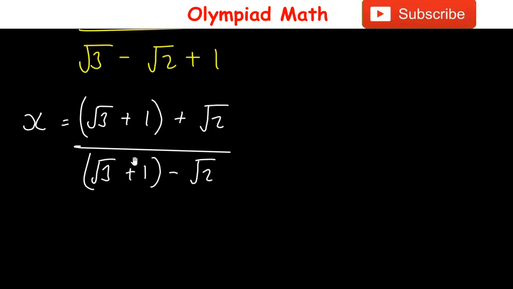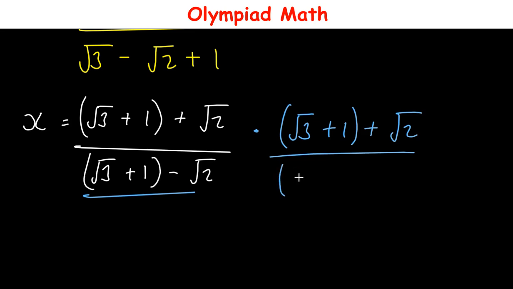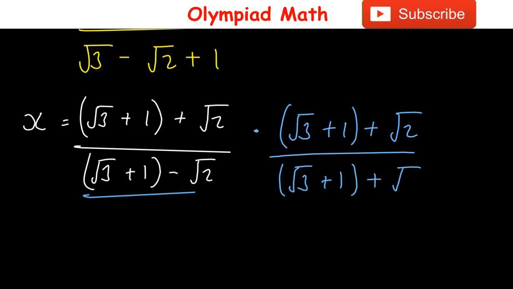So multiply this numerator by the conjugate of this, which is simply multiplied by, in bracket, square root of 3 plus 1, then plus square root of 2. So multiply it also with the denominator. We have in bracket square root of 3 plus 1, then plus square root of 2.